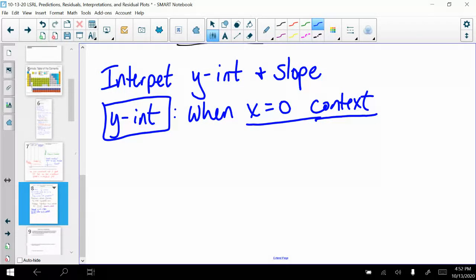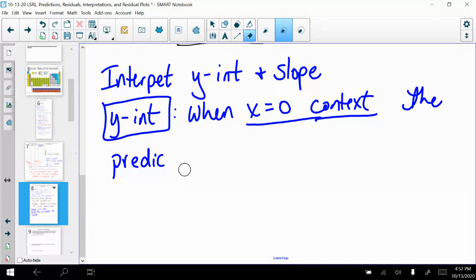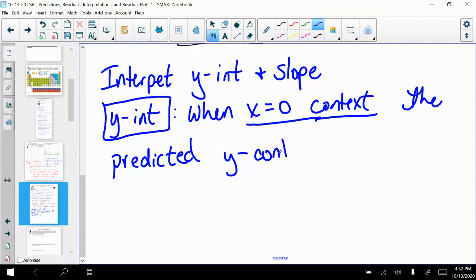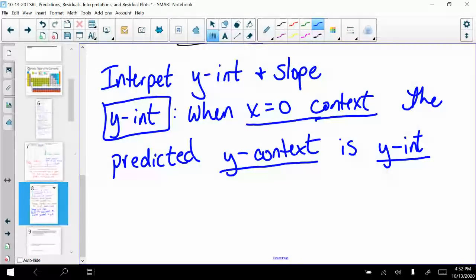So when the atomic number is 0, the predicted, and predicted is always super important in this particular section of stats, because we are really emphasizing that these are our predicted values versus our actual true measured values. So the predicted y in context, in our case the predicted atomic mass, is, I think mine in class today was negative 4.6 or something silly like that.